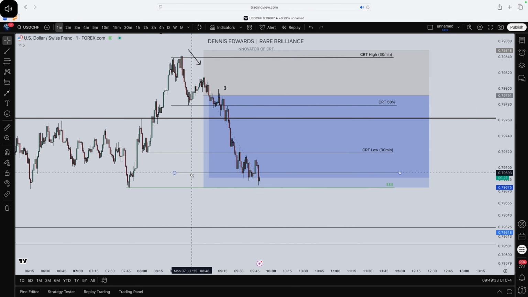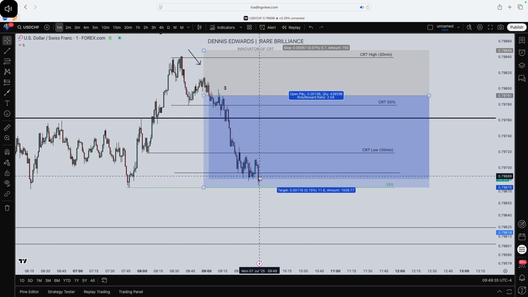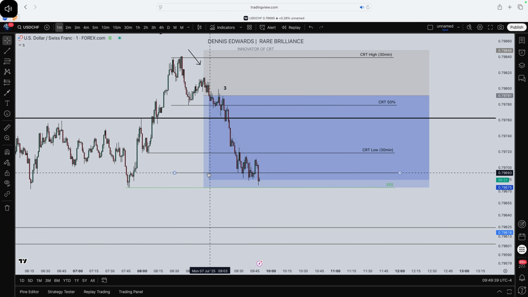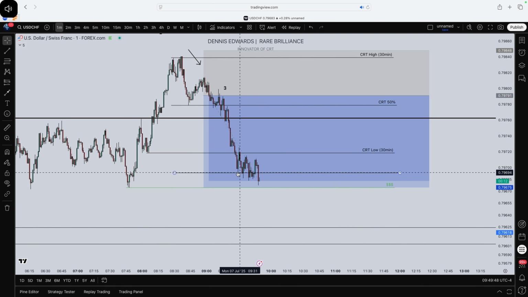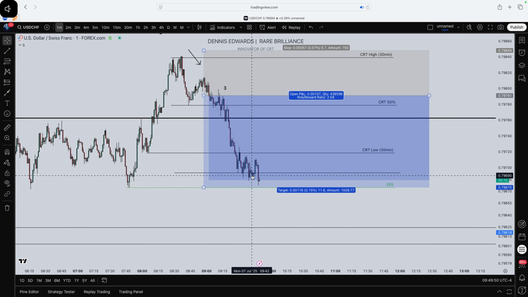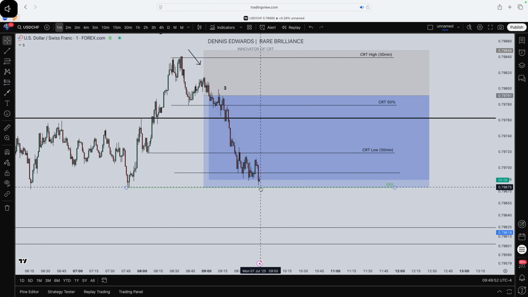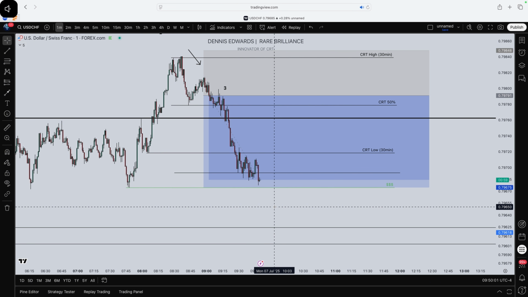But see, so far, if price stays underneath this low now, this will confirm that the 30-minute sweep that we've seen on a higher time frame was actually a false sweep. This could be indicative of a false sweep, and price was actually still bearish overall, which is normally how I approach the market as well.